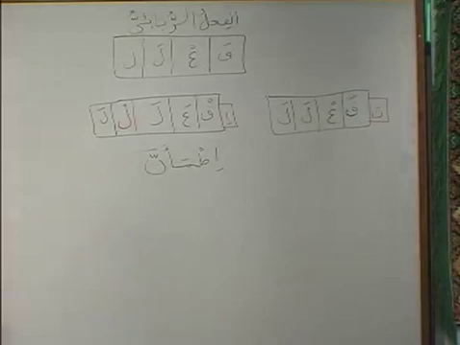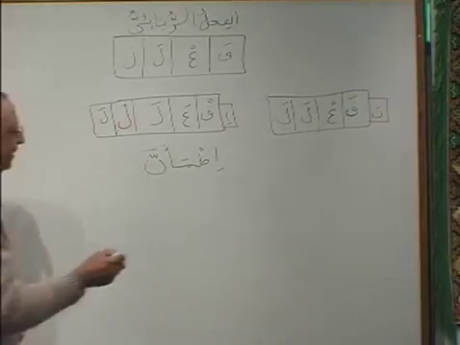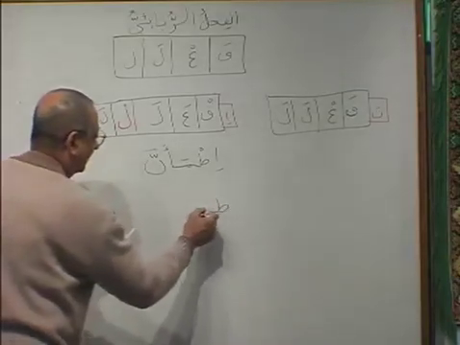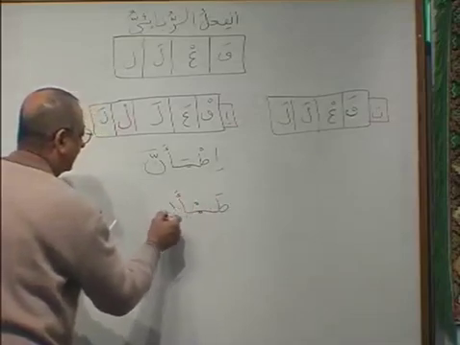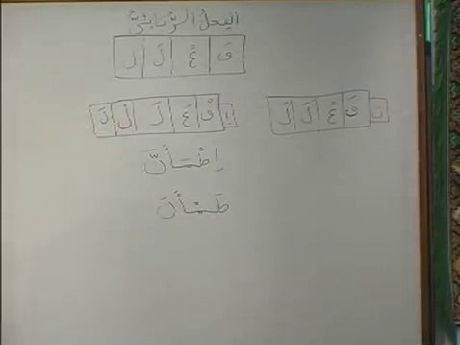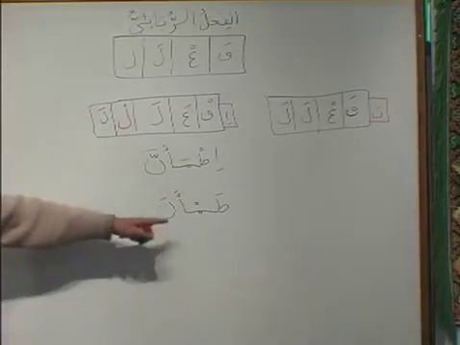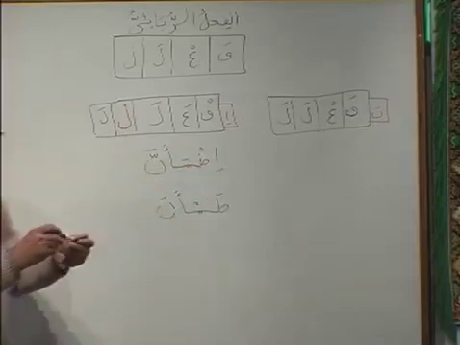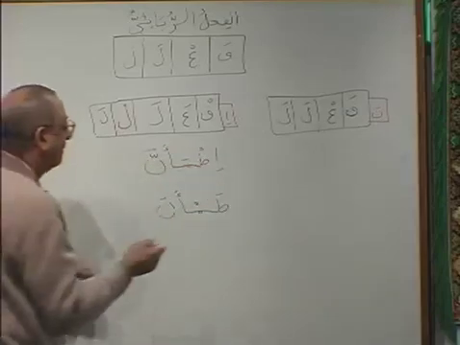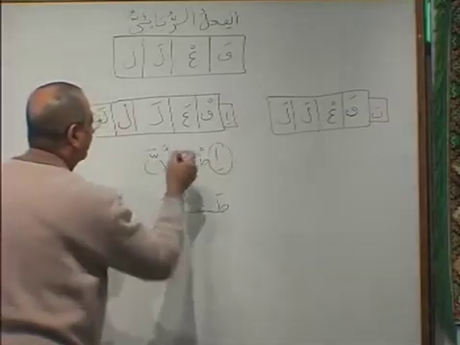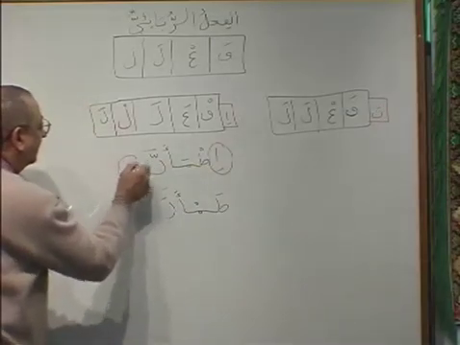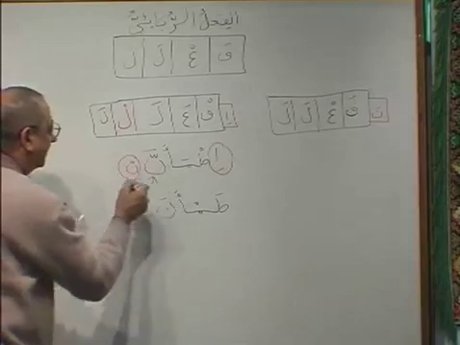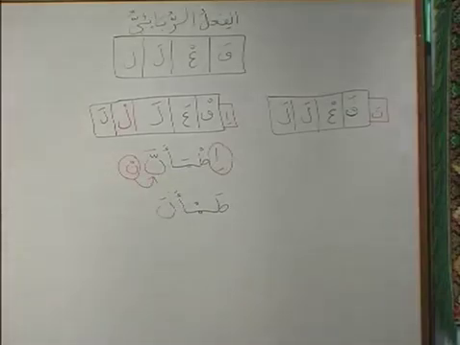Itma'anna. What is the root of it? What is the root, brothers and sisters? Tama'ana, 4 letters. What was added? Aleph was added, and 1 noon was added in this. Are you with me? Got the idea?